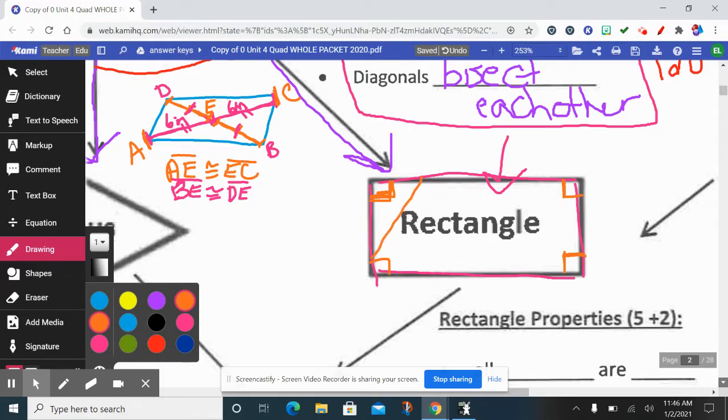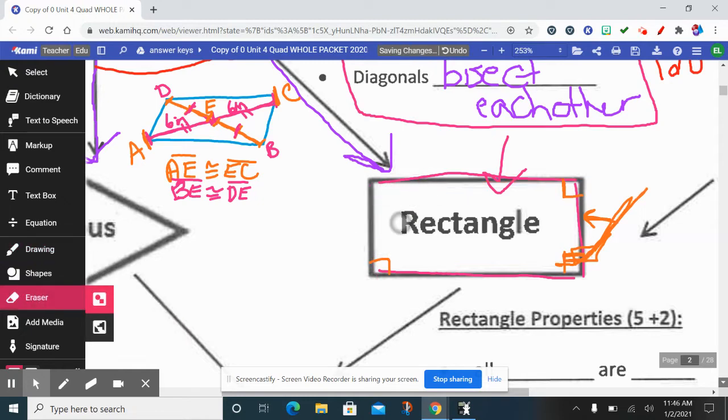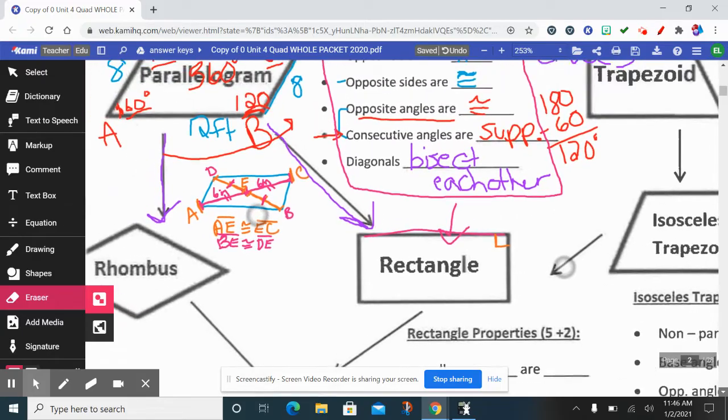So if you imagine a parallelogram here, and you take this side and you kind of move it so it's a little bit more straight, so this angle here becomes 90. That becomes your rectangle. So the facts about that parallelogram are also going to be true of the rectangle.